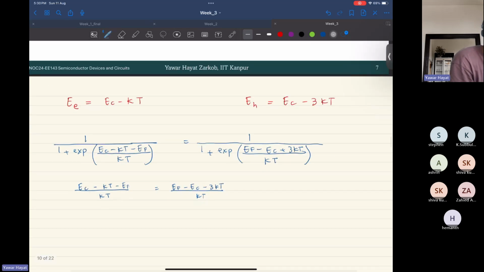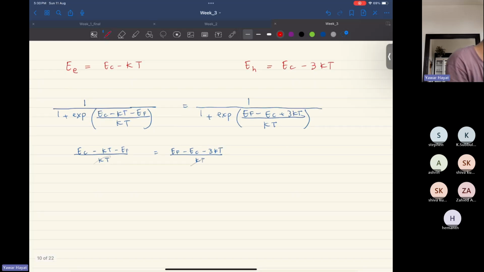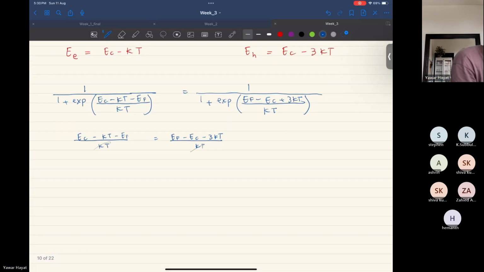Now some things would cancel. KT and KT would go, and we'll get 2 times EC minus 4KT is equal to 2EF.